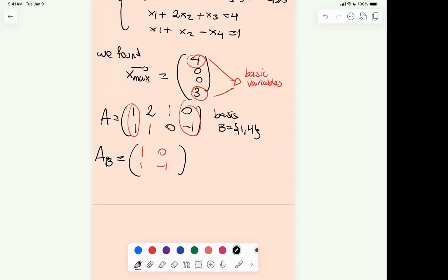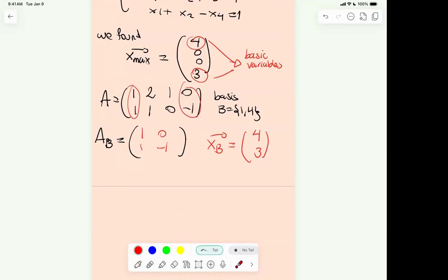Because if you remember, if you called xb the vector associated with the basic variables, so in this case it would be 4 and 3, right? Then the cool thing that happened, and that's actually how we found the basic variables before we did the simplex method, is that the basic equation was that AB times xb would be the vector b, right?